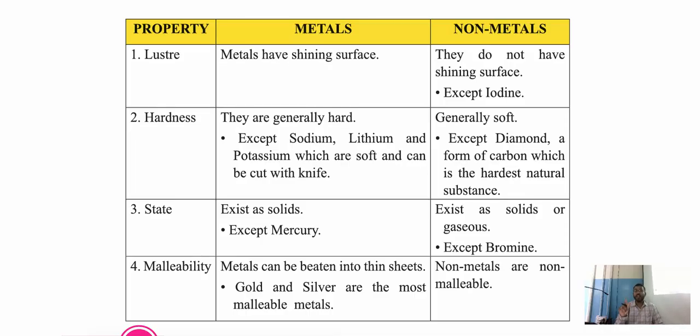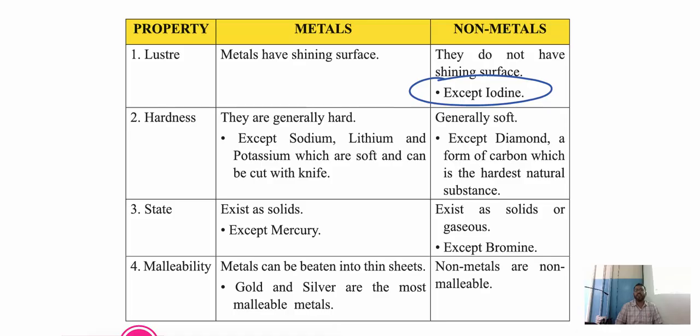See, iodine is a non-metal, but still it has a shining surface. So this is one kind of hidden question. Am I right? Iodine is a non-metal, but still it looks like a metal because it has a shining surface. Concept is clear? Understood? Yeah.